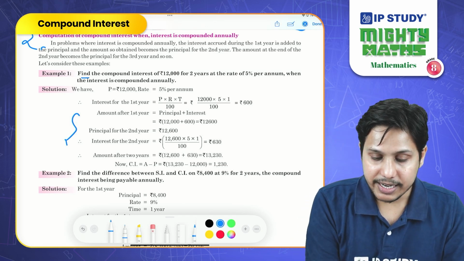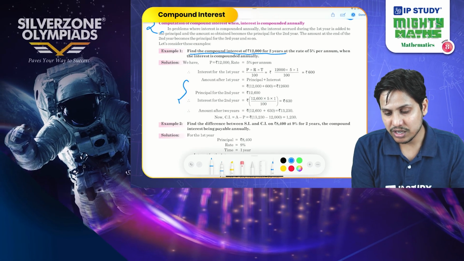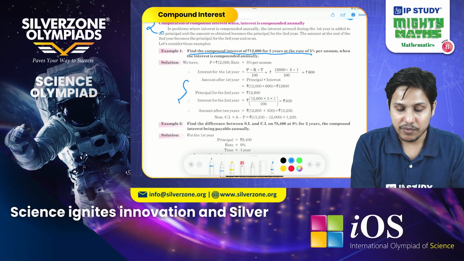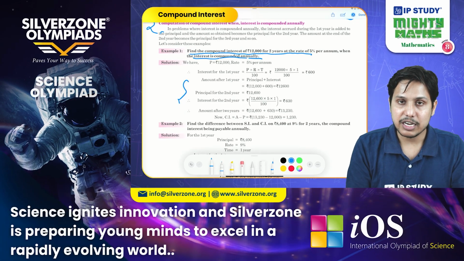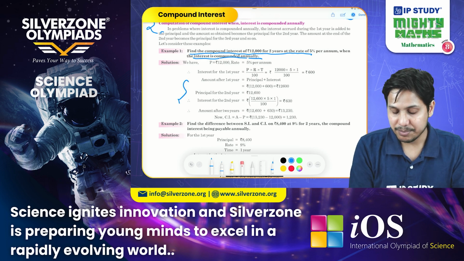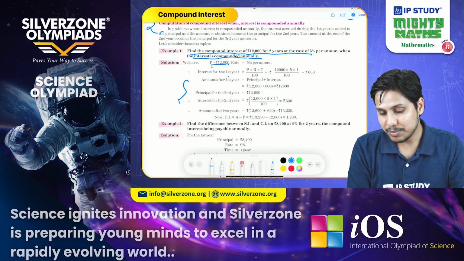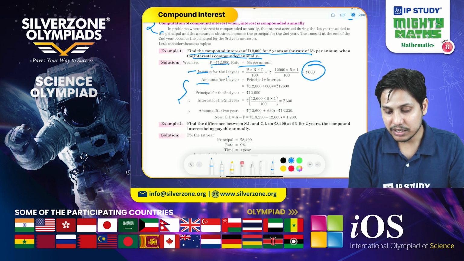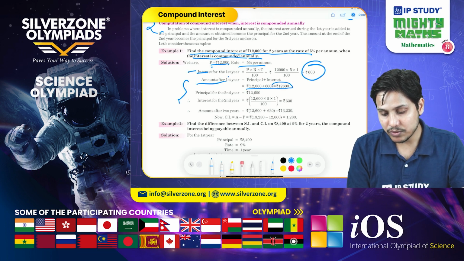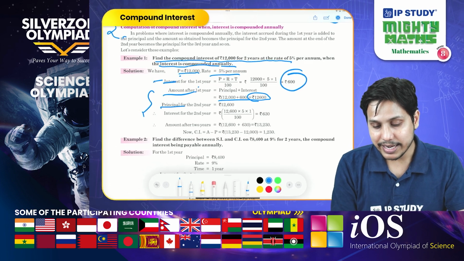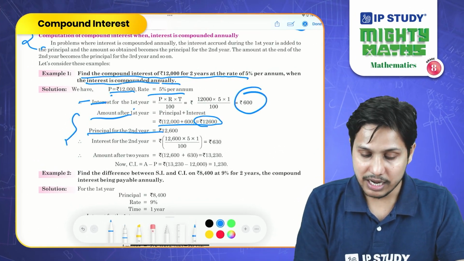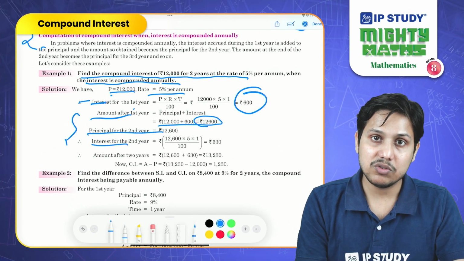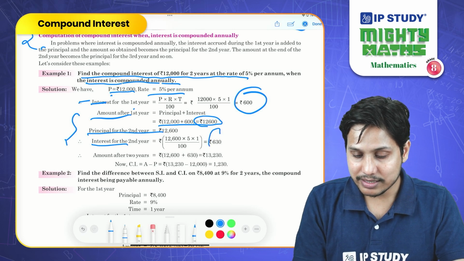Like, find the compound interest for 12,000 for 2 years at the rate of 5% per annum when the interest is compounded annually. It means per annum it is compounded. So 12,000 is the principal amount, rate is 5%. So interest for the first year is 600, but the new amount or the new principal is 12,600. For the second year, the principal is 12,600. Now interest will be on 12,600, so it will be 630.